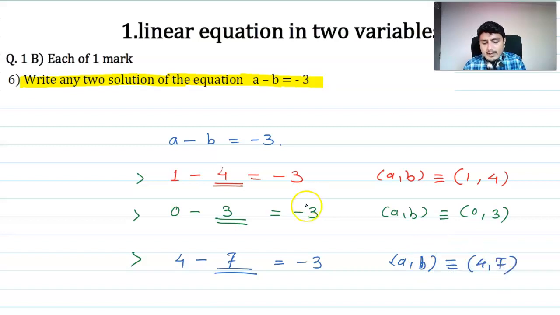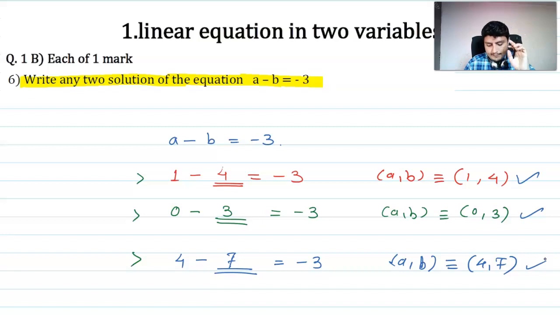So you may write any two solutions among 1, 4; 0, 3; 4, 7, or you may choose a random value of a and evaluate b such that their subtraction becomes minus 3.